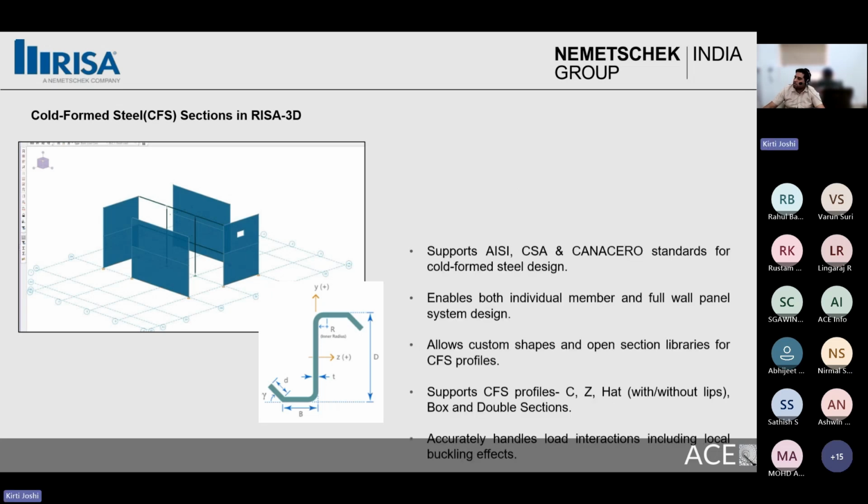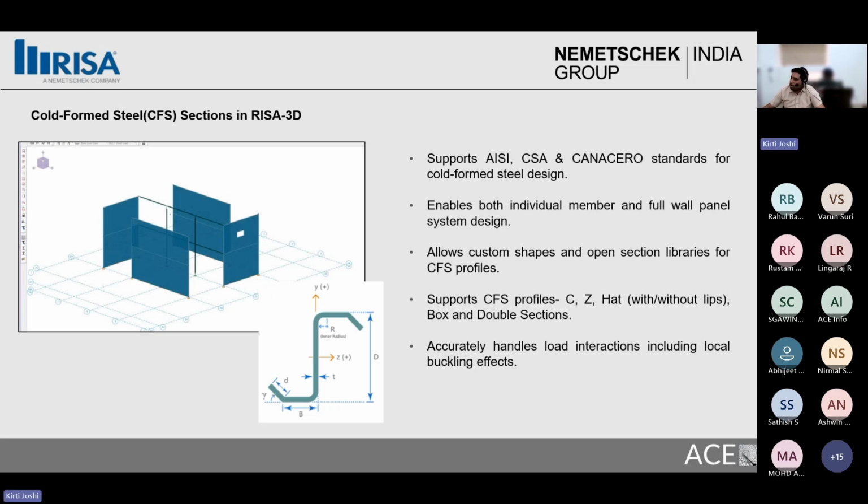Next, RISA 3D also supports cold formed steel design. It allows you to design both individual members and complete wall panels made from CFS. The software supports standard CFS profiles like C sections, Z sections, with or without lips, or even box and double sections.